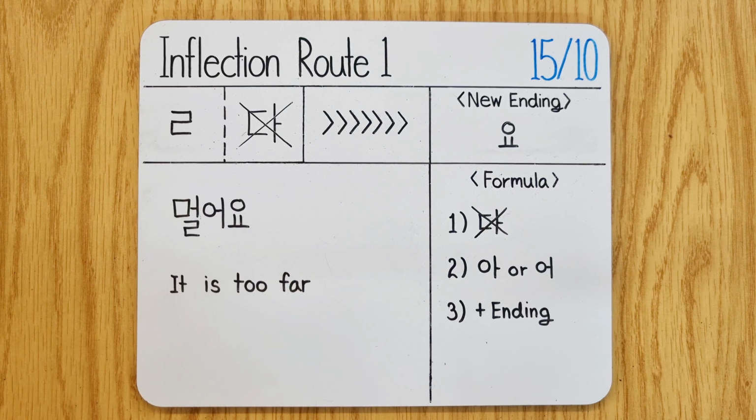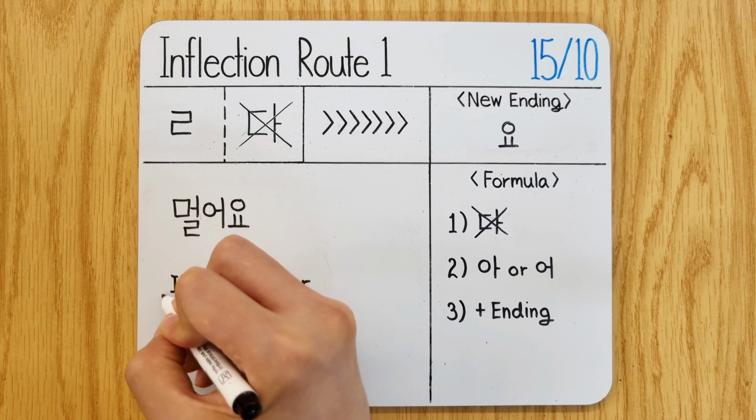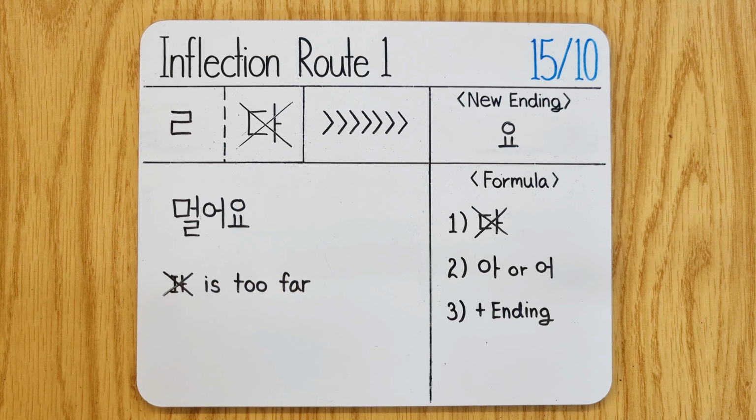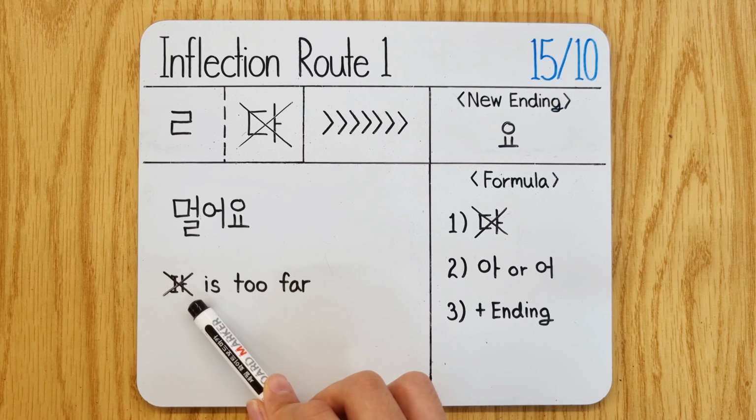Let's say my friend says, hey, let's go to that new pizza place. And I'm going to say, no, it is too far. Of course, I will omit it, because I am talking about the new pizza place.